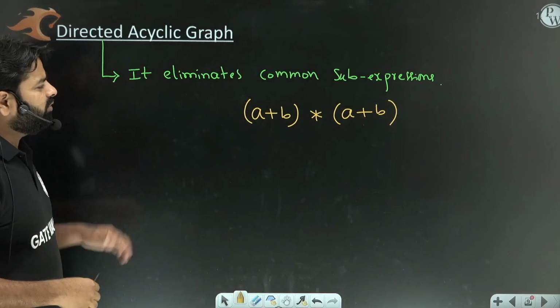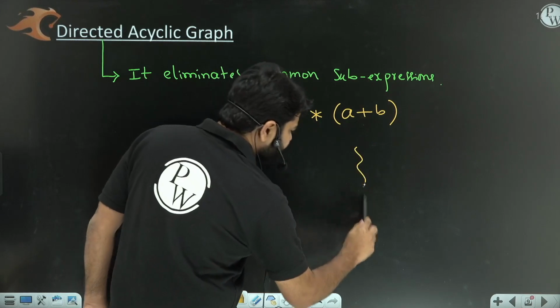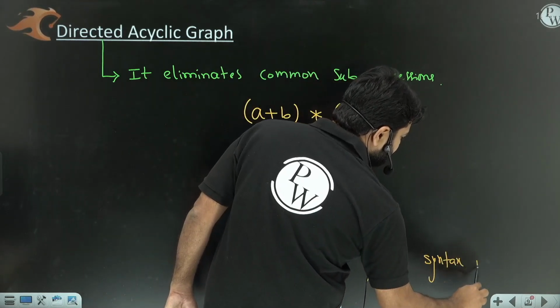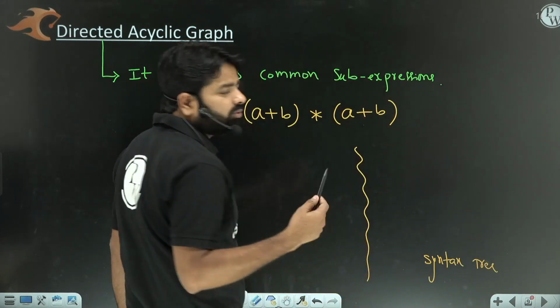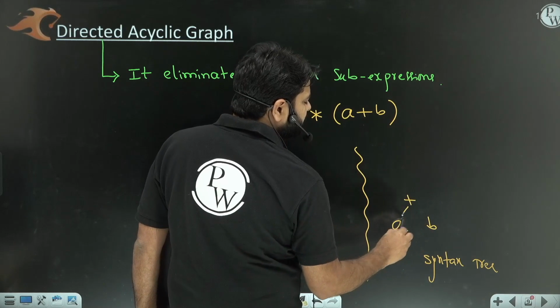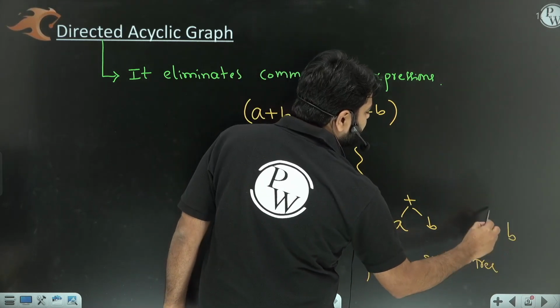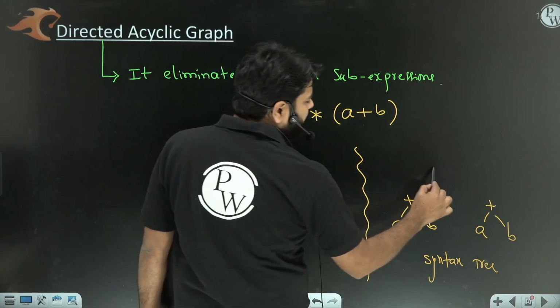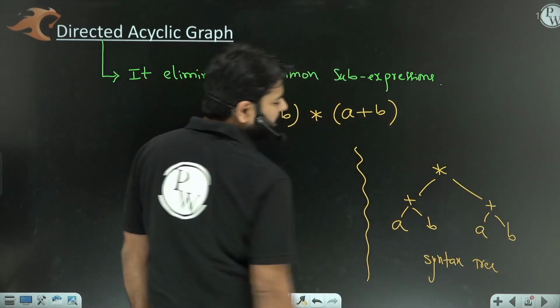Now when you draw a syntax tree, you did not worry about how many nodes and edges. You simply drew A B plus, another A B, left and right, and star. You drew the syntax tree simply like this.